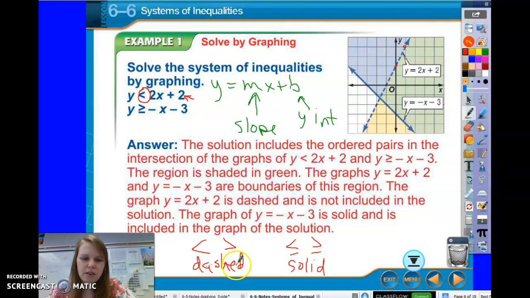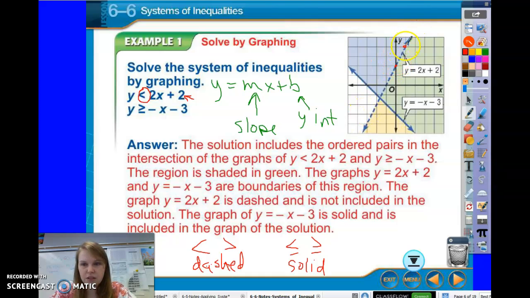Kind of hard to read there, but these represent dashed lines and these represent solid lines, because this is saying that y is less than this, it is not equal to it, which means whatever's on the line cannot be a part of the solution. So we use a dashed line to represent that anything that falls on the line is not part of the solution.